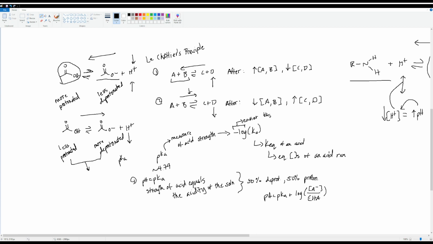And so if our pH is equal to our pKa, that means the log of this term must be equal to 0. In order for the log of something to be equal to 0, we must be taking the log of 1.